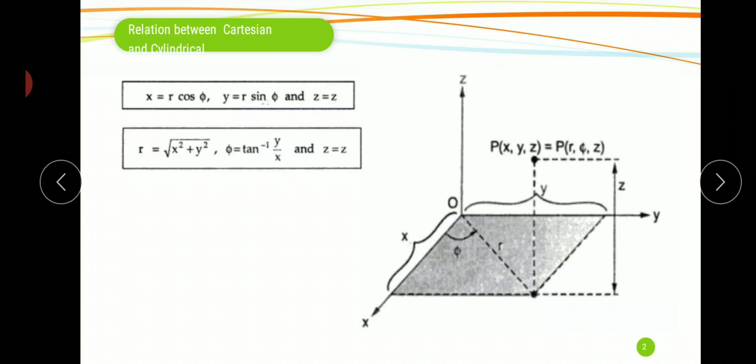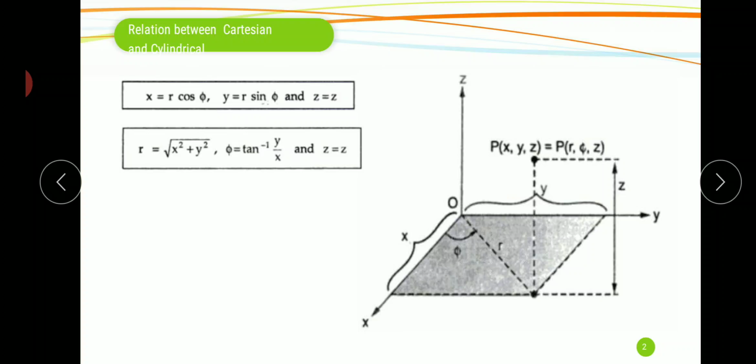In the same way, if you know the values of x, y, z, substitute them in these equations and we get the values of the cylindrical coordinate system. As we already discussed, in the cylindrical coordinate system the variables are r, phi, z. So by using these relations, we can easily convert the Cartesian coordinate system into the cylindrical coordinate system. That is the use of these equations.